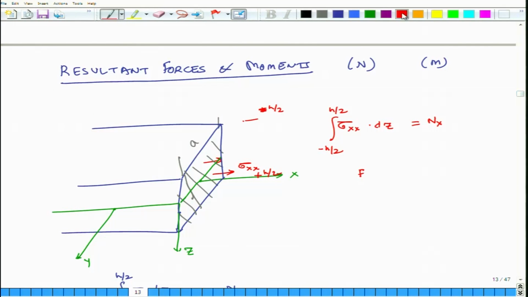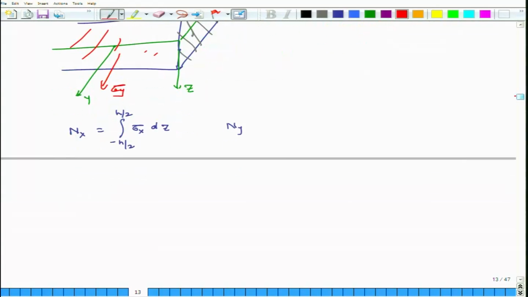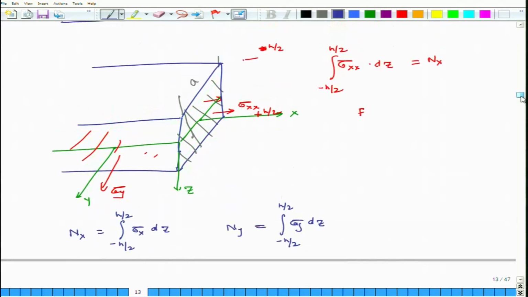So, what is Ny? In this direction, this is sigma y. So, if I integrate sigma y on this entire surface and then I use it on a per unit length basis, then I get Ny. So, that is equal to the integral of sigma y dz. And the last force resultant is called Nxy, and it is basically the integral of shear. So, this is sigma xy.